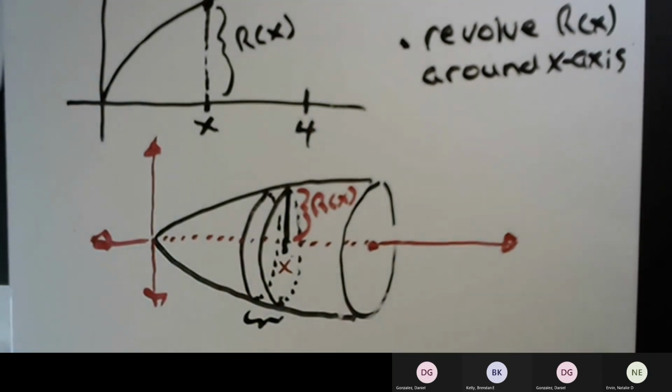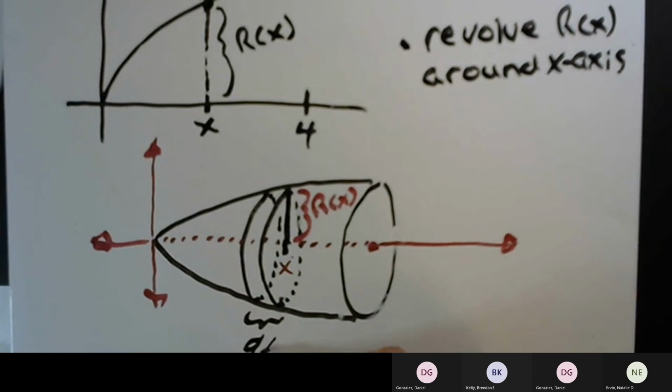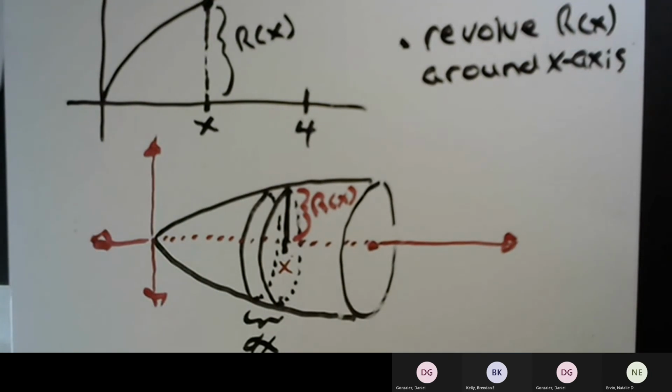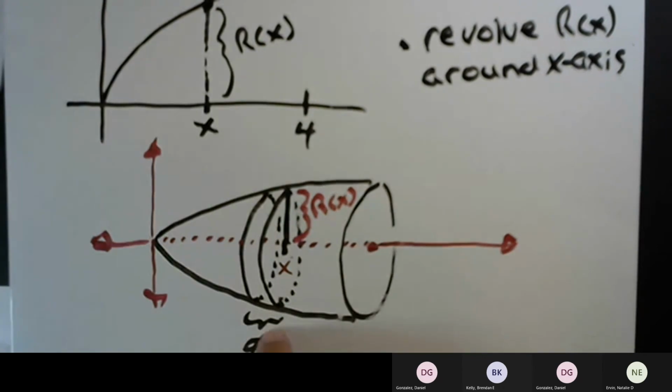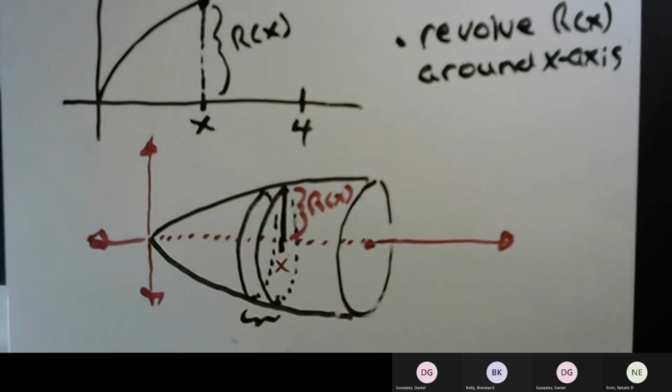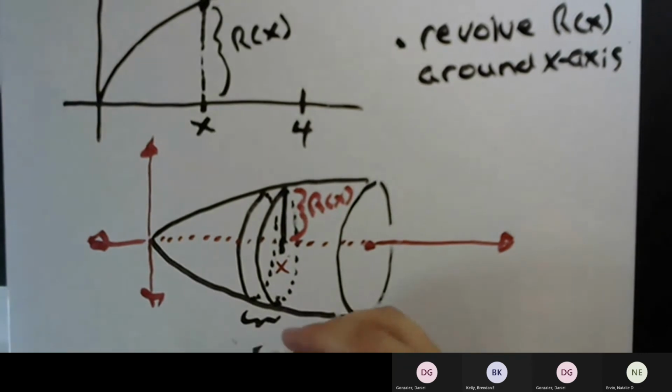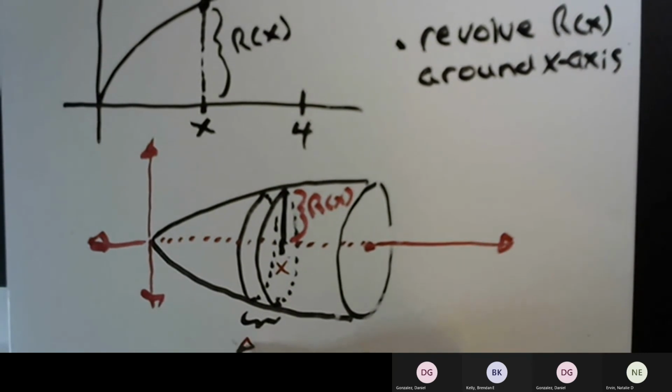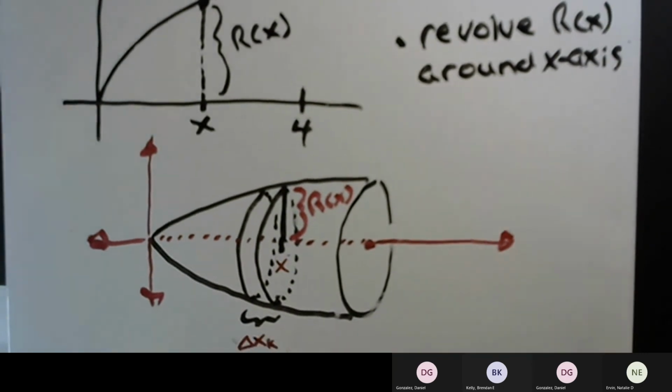We're going to create a disk when we rotate this thing around. With this disk, we're going to say it has a width dx. Actually, we'll give it a width delta x, call it delta x_k.